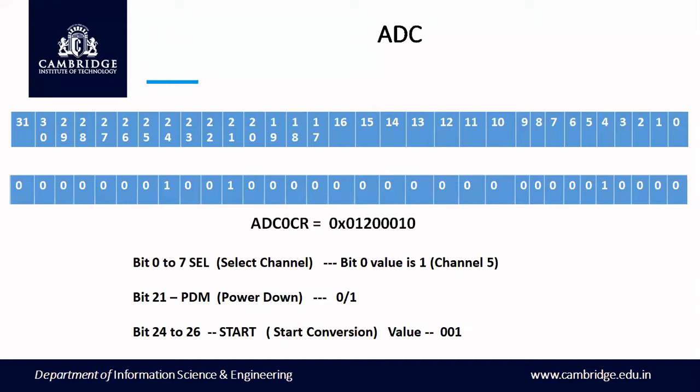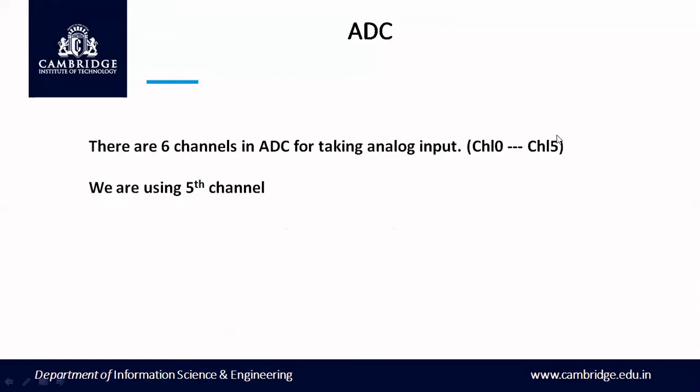There are three important points you need to remember to set in this control register. One is bits 0 to 7. So in the register, from the LSB, 0 to 7, these 8 bits are called SEL, S-E-L, which is nothing but selecting the channel. In the analog to digital converter, you will be having 6 channels to take the input.